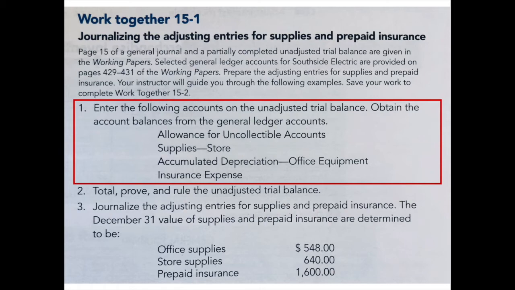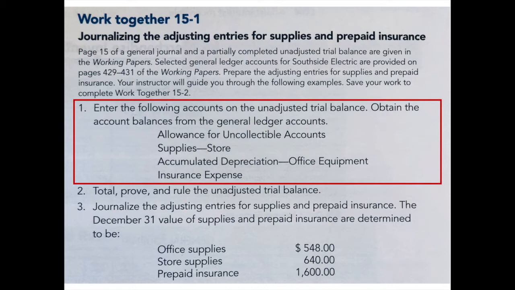Okay, so if you take a look at your papers, first of all, we'll take a look at what they look like. If you look at pages 427 and 428 of your working papers, you will see an unadjusted trial balance. If we were to put it together, it would be a really long sheet. It starts on the first page, 427, and continues on to page 428.